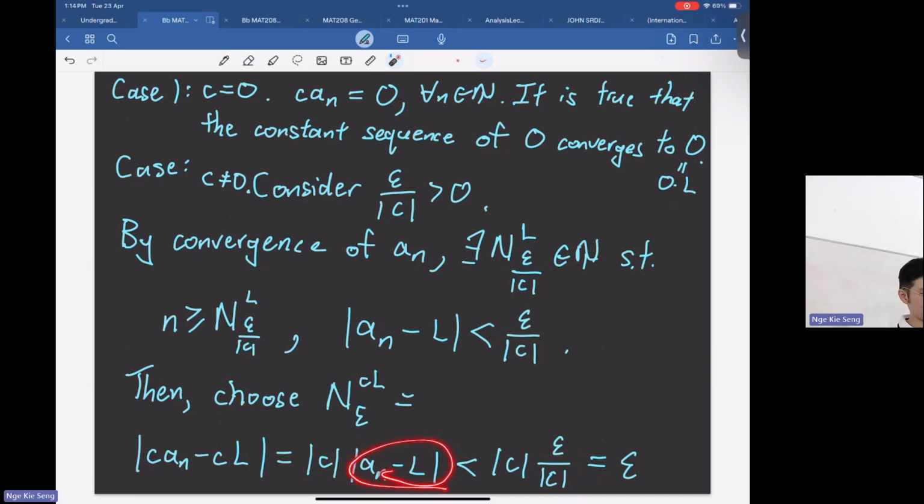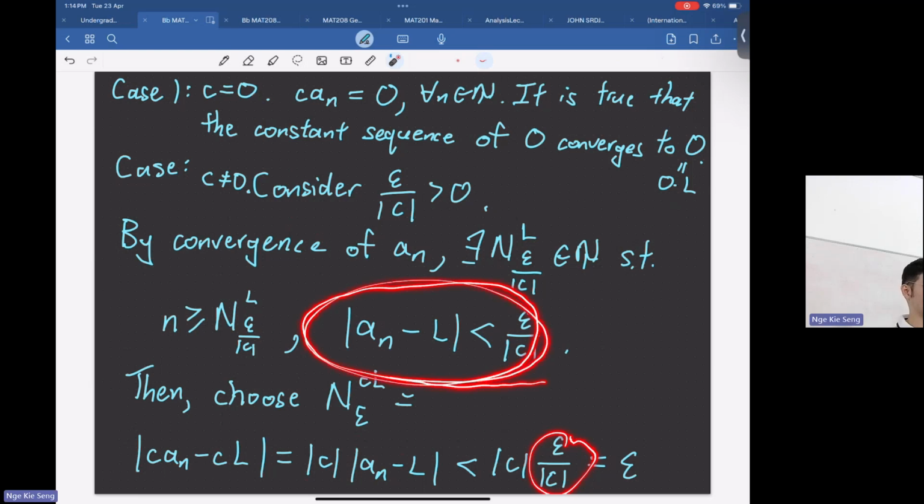When is this inequality true? You need to go back and find when is this |a_n minus L| less than epsilon over |C|. Where is it true? Here, when n is greater than or equal to this capital N.